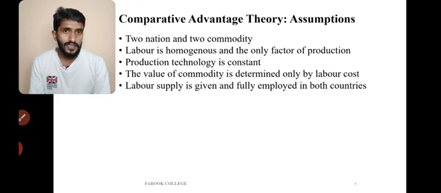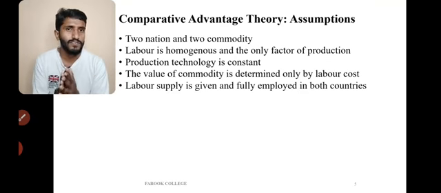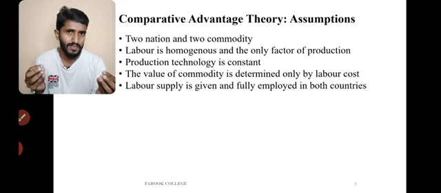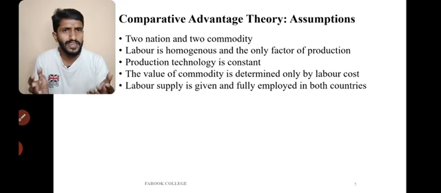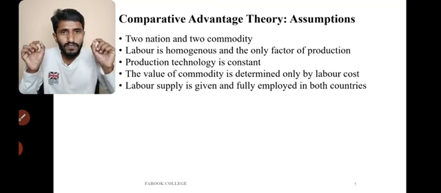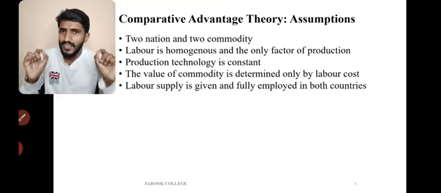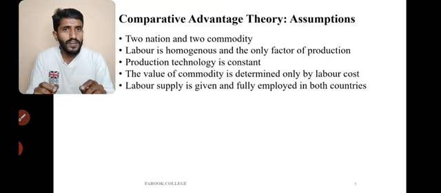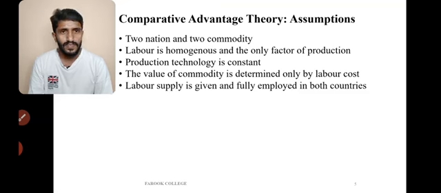There might be different production technologies like capital intensive, labor intensive, or a combination of both, or different kinds of technology in any manner. But here we are assuming that the production technology is constant or given for both the nations. So that is the third assumption.